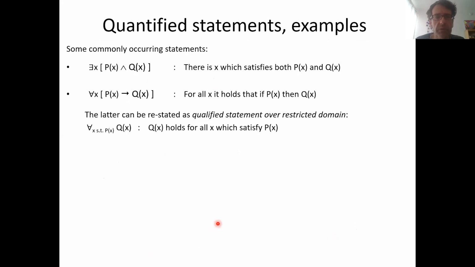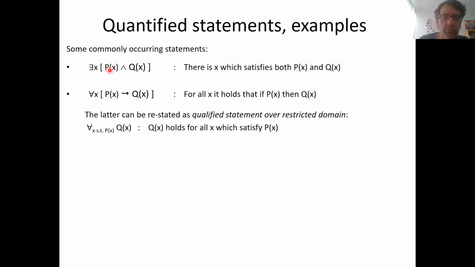Some more examples of quantified statements. Here are the commonly occurring types of statements that occur in nature, right? These are the natural things that people say, for example, arguing security of something, or arguing that some algorithm works, or some mathematical formula or theorem is true.